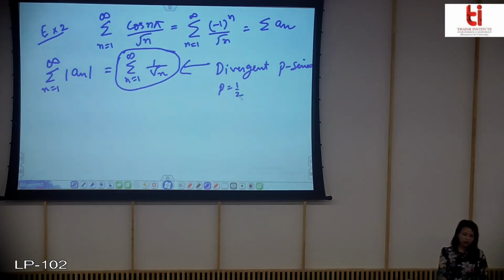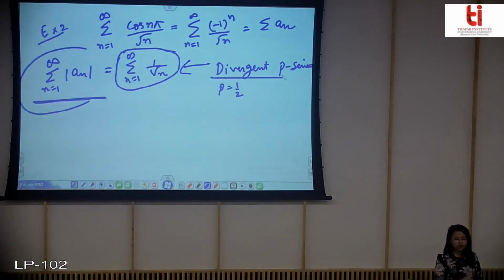So you have already seen that this type of series converges only if P is greater than 1, and it diverges for other values of P. So here the value of P is half, so this is a divergent P series. So what is the nature of this mod an? This is divergent.